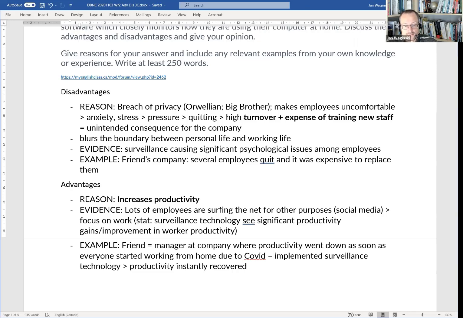It's not managers and people on the board of directors that are being observed by these cameras, right? They're not having their screens recorded. It's the low-level employees. And low-level employees, just as a general rule, don't have a lot of flexibility in life. That's why they're low-level employees, because they really need the job. And they'll just put up with it.